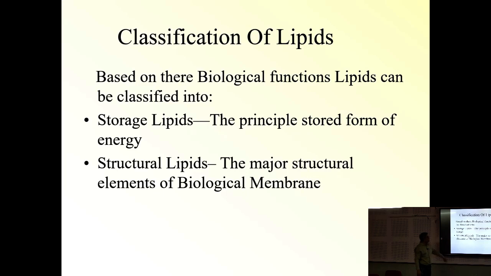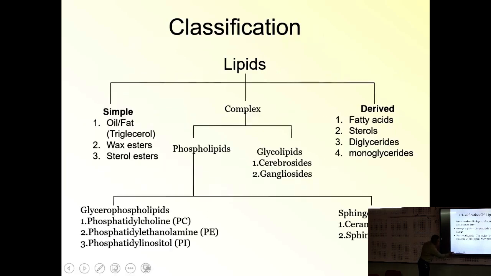Structural lipids, as I said previously, are the major structural element of the biological membrane. Now, the general classification of lipids: you have to remember these terms, simple, complex and derived.